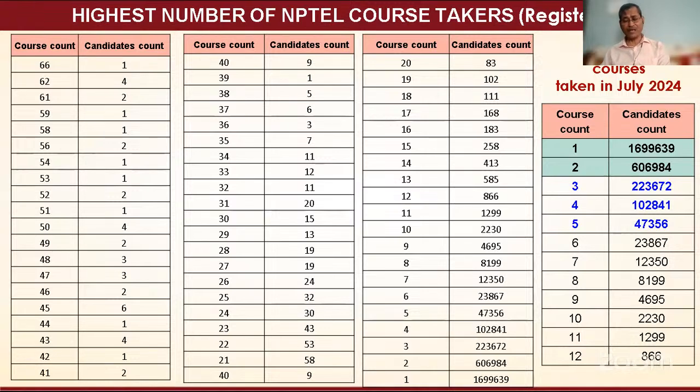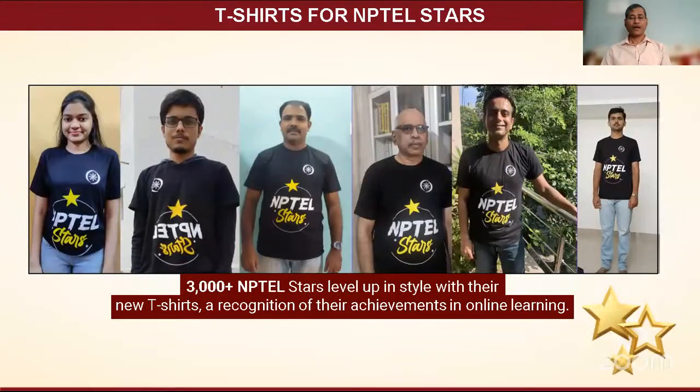So there are many learners who are very interested in taking the maximum possible examinations in a semester. And you can find at least a couple of learners who have done more than 60 courses with us. If you are a star category learner, then we provide you some memento in the form of, say, t-shirts, which you can proudly show to the outside world that you are an NPTEL star.